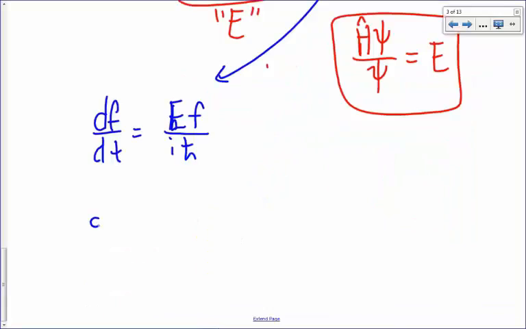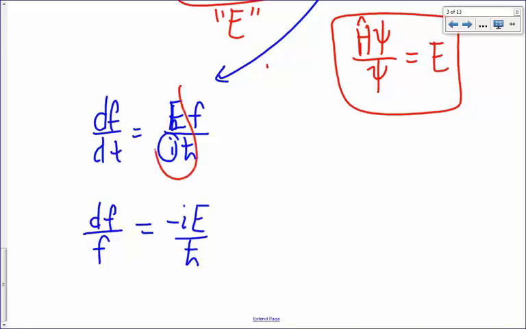And I'm going to move the dt onto the other side, so df and f on the left side. So df over f equals, and I'm going to move that i up on the top, so it's going to be negative i E over h bar, okay? So this is just negative iE over h bar, and then dt I'm going to move to the right. Okay, so I'm moving my f down here and my dt over there.